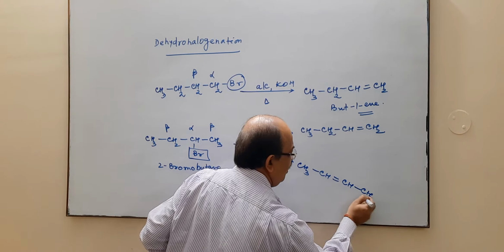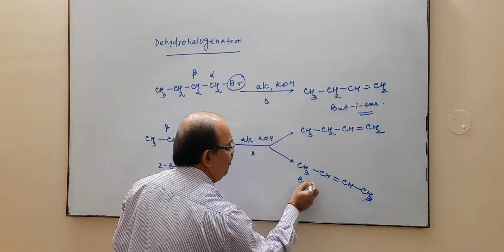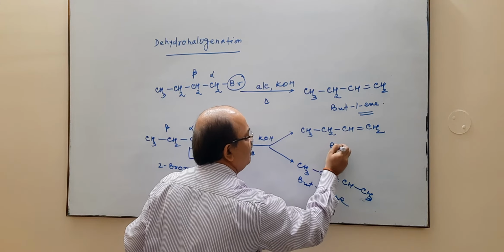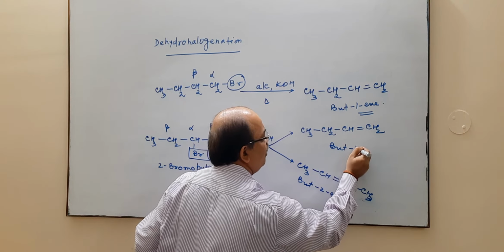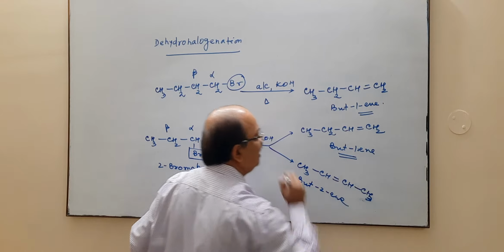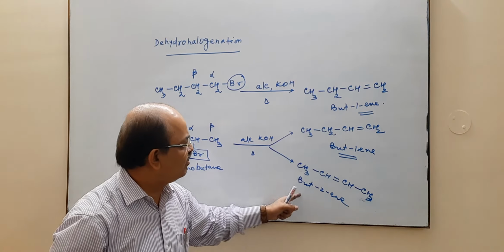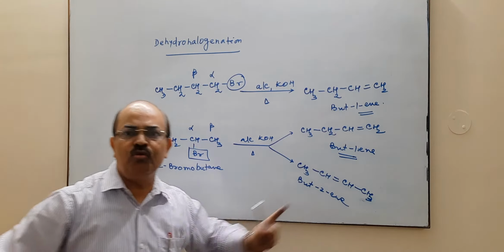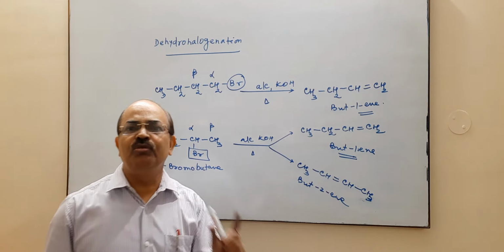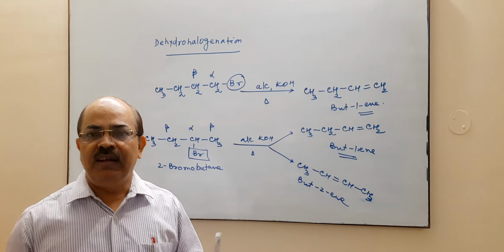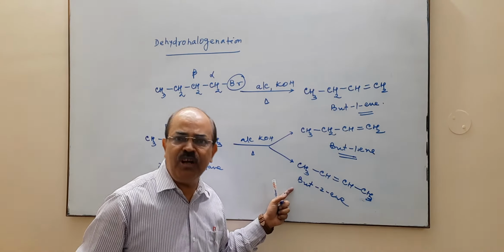Now this compound is but-2-ene, while this compound is but-1-ene. Now the question is, in this case both but-1-ene and but-2-ene are obtained. Both are formed, but are they formed 50-50%?